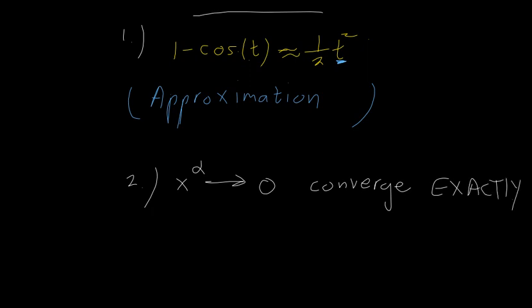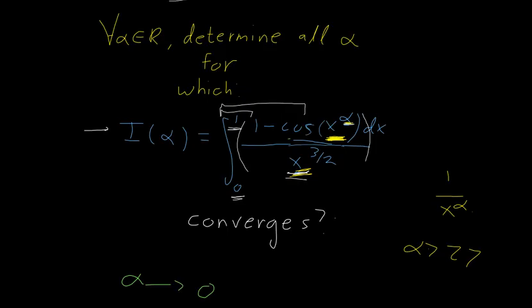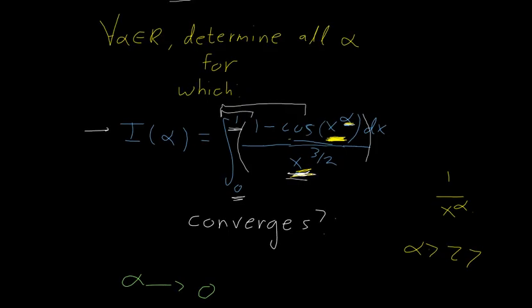It's going to converge exactly when the power is not singular. I think that makes sense, right? The power of x near 0, I'm being precise, near 0, is going to converge.